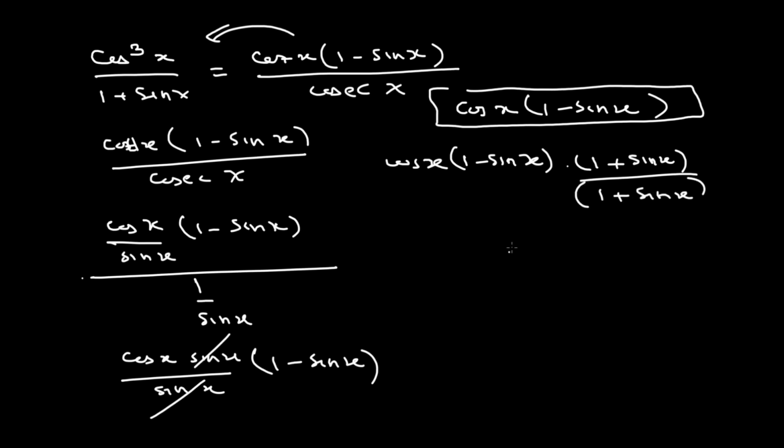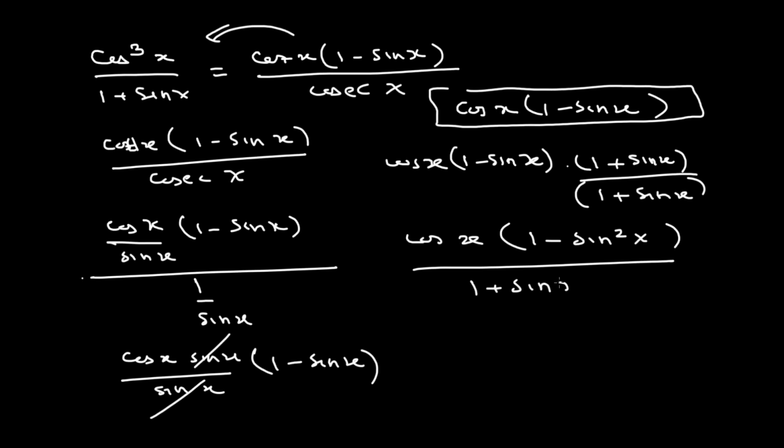Right, so now this and that are difference of two squares. So we're going to have cos x, right? Then here we're going to have 1 minus sine squared x. And then down here we're going to have 1 plus sine x. Okay, so now we remember that we had that identity which said that sine squared x plus cos squared x is equal to 1. Right? We can remember that. So if we made cos squared x the subject of the formula, we'll have 1 minus sine squared x here.